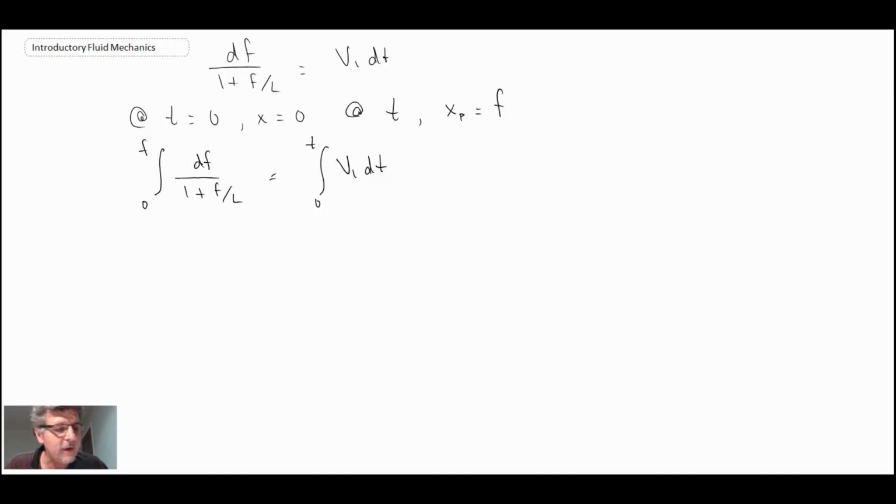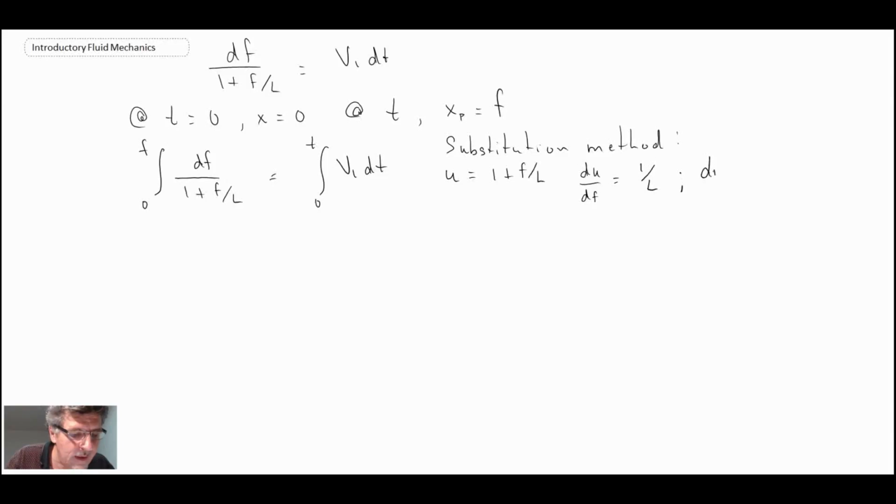The way that we're going to go about doing this integral is we're going to use the substitution method. And so we'll sub in little u for 1 plus f over L. And then we can write du by df is 1 over L. And from that, we can write du is equal to df over L, and df is L du, which we can then substitute into our integral.